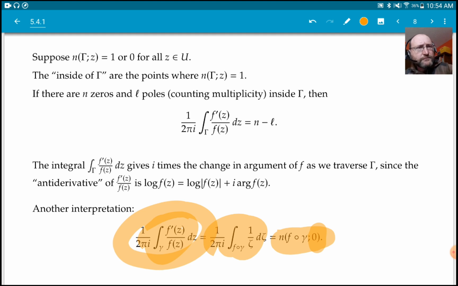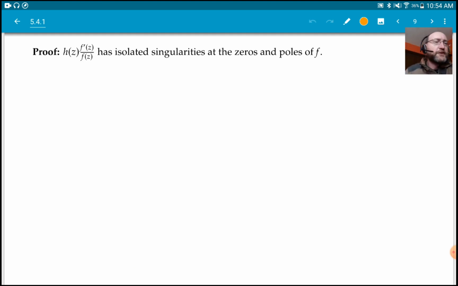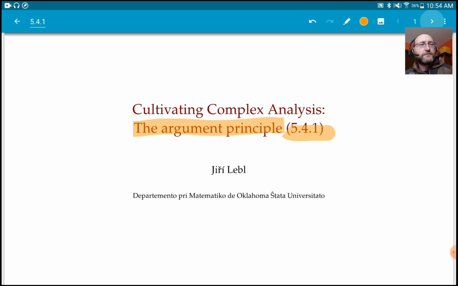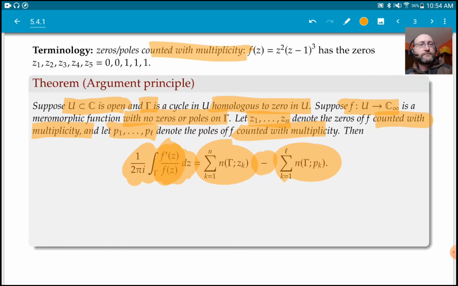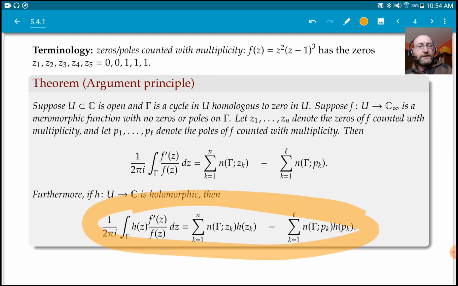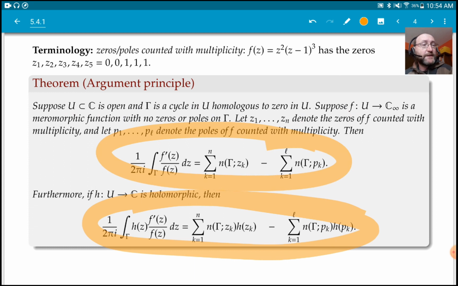All right. So let's look at the proof. What we're going to do is prove the second version. Let me go back maybe. Oops, went back too far. We're going to prove this second version, because if we prove the second version, we get the first version just by sticking in h equals 1.